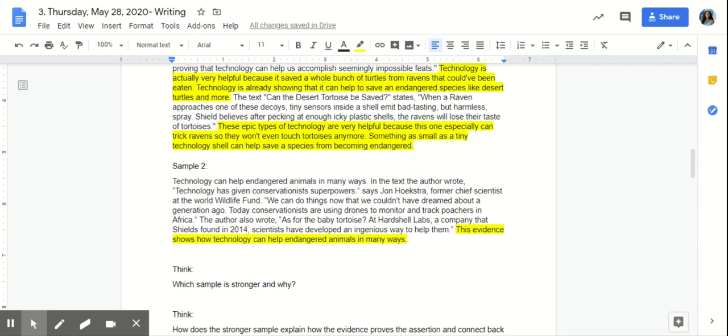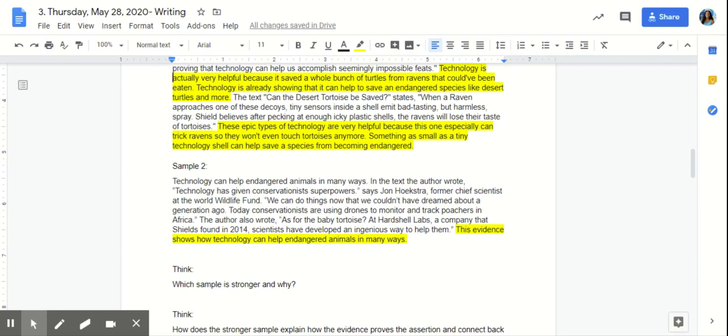And after each quote, there isn't much of an analysis at all. The only analysis that we really see is after our third quote, as for the baby tortoise, at Hardshell Labs, a company that Shields found in 2014, science has developed an ingenious way to help them. So it's telling us that they found a way to help them, but doesn't tell us how or what.